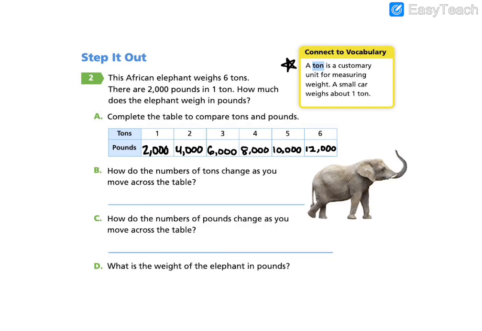As we move across the table, letter B asks us, how do the number of tons change? Well, we have 1 ton, 2 tons, 3, 4, so they increase by 1.